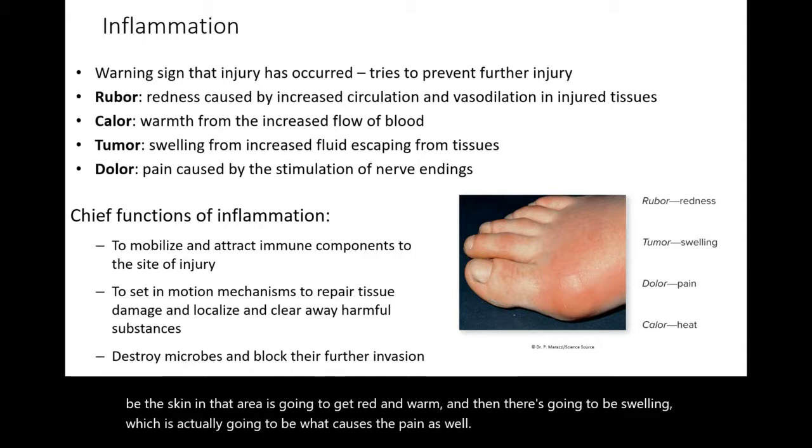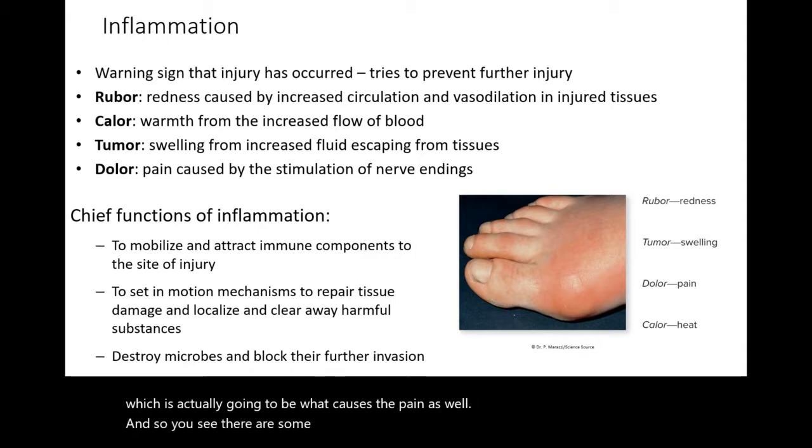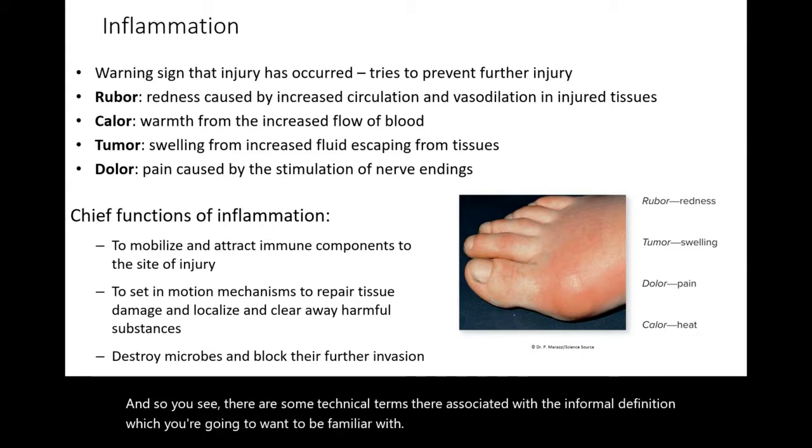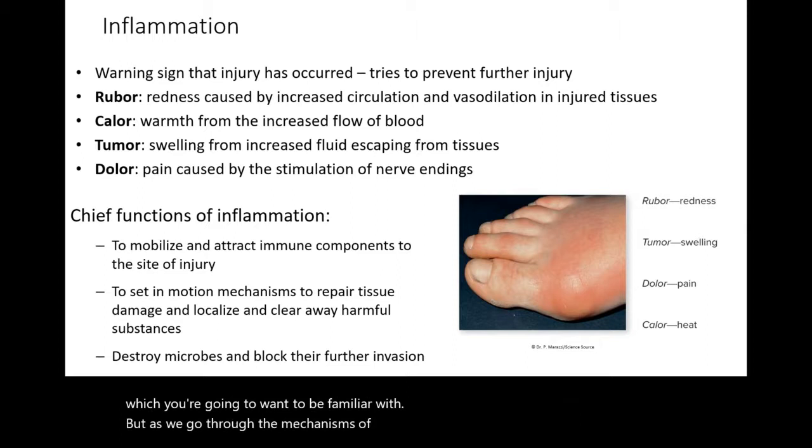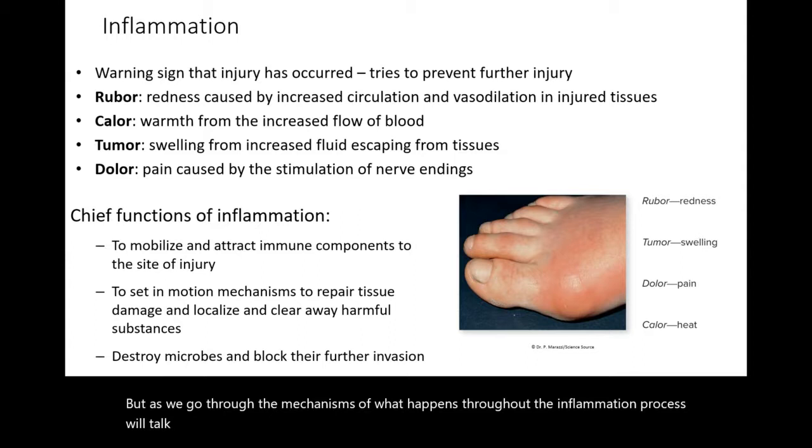And so you see there are some technical terms there associated with the informal definition, which you're going to want to be familiar with. But as we go through the mechanisms of what happens throughout the inflammation process, we'll talk about why these are the indications of inflammation, why the skin gets red and warm and all of that.